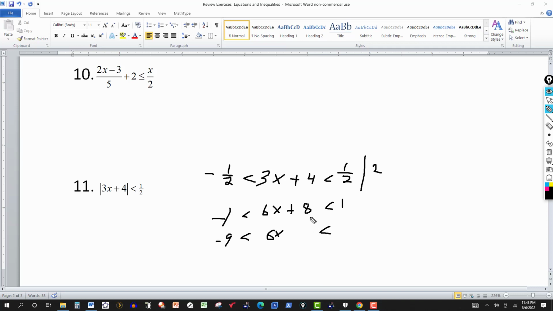And then -8 and 1 is a -7. Divide by 6, 6x divided by 6 gives me x, and then -7 divided by 6 is -7 over 6, and -9 divided by 6 is -9 over 6. Reduce it, this is -3/2.